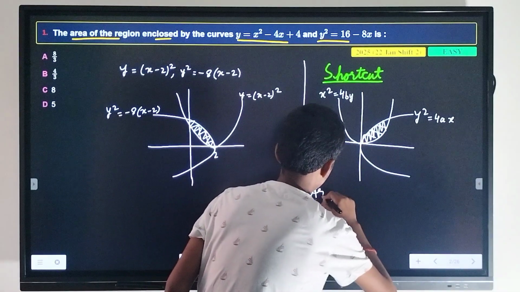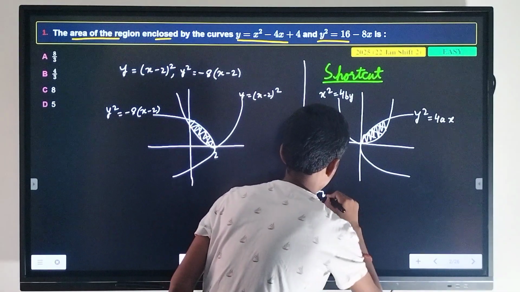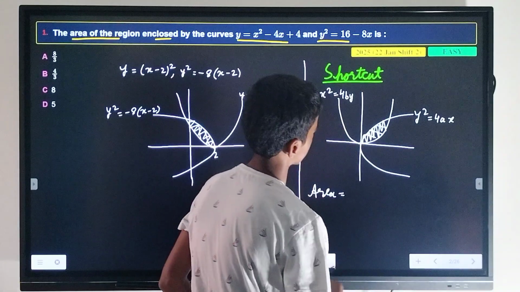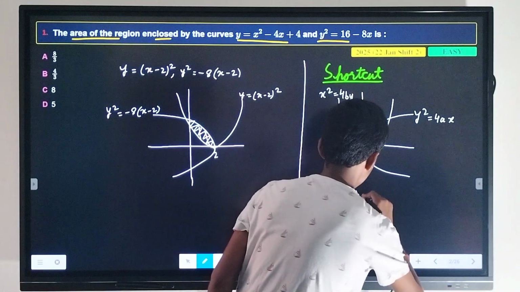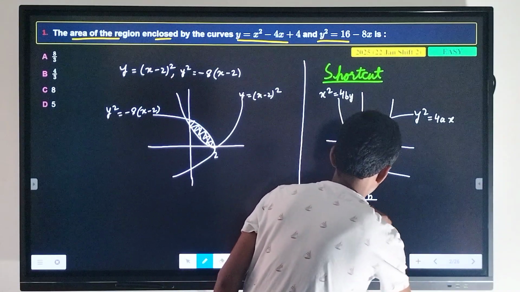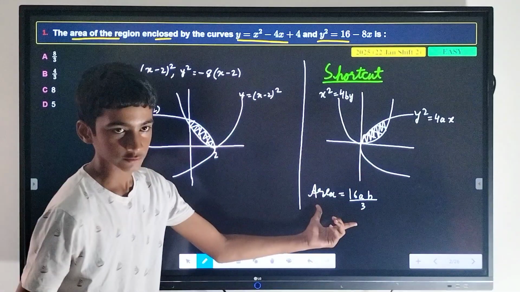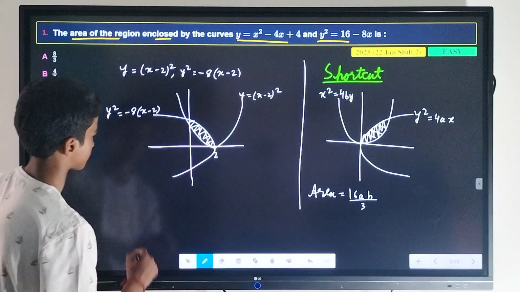So our area of the required region is equal to, in this case, 16ab upon 3. So we are going to use the same formula here in this question.